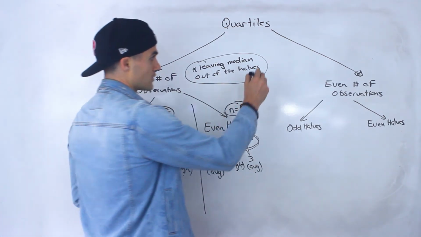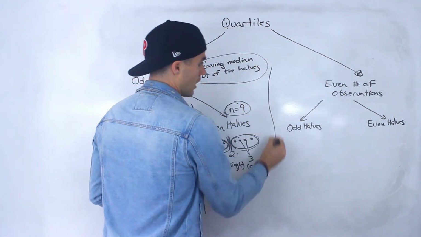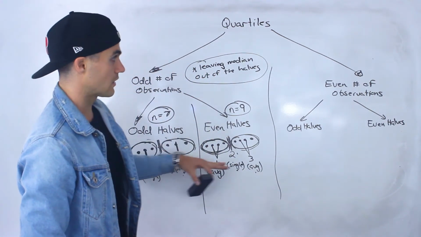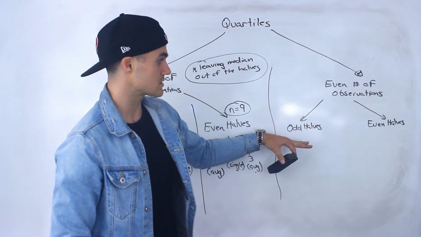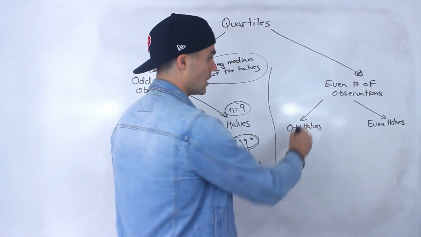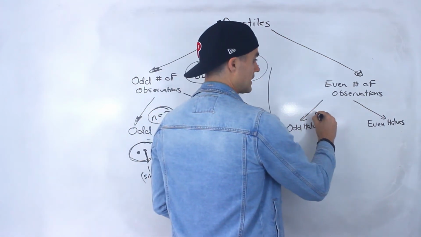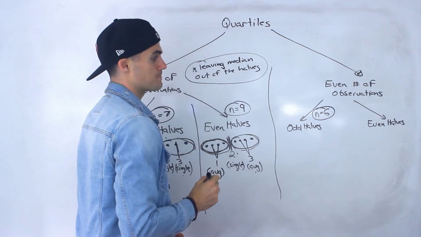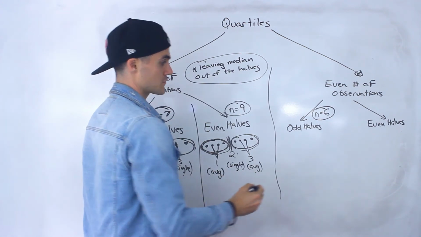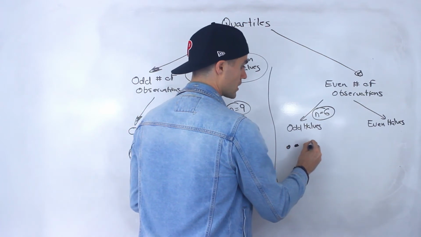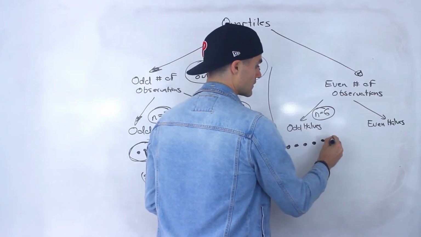Okay, now let's move on to an even number of observations. Like this here, an even number of observations is going to have two subcases, odd halves and even halves. So odd halves would be if there are 6 observations, for example. So if there's 6 observations, notice 1, 2, 3, 4, 5, 6.